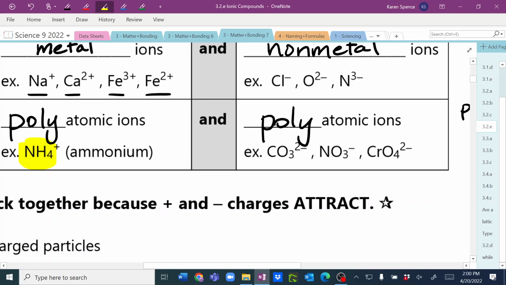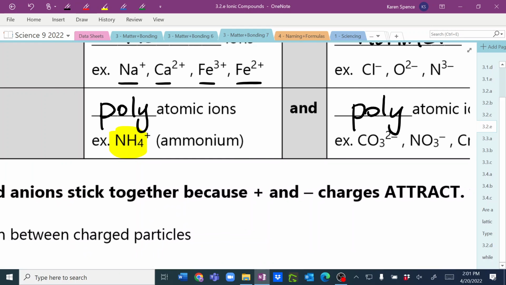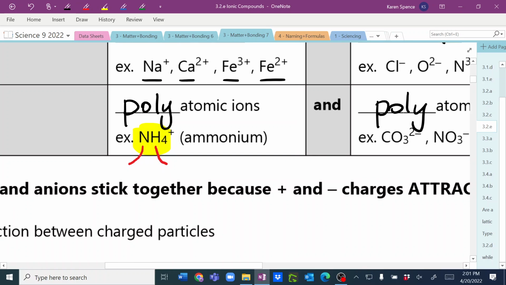How many atoms are in that polyatomic ion? The yellow one. How many N's? One N. How many H's? 4 H's.